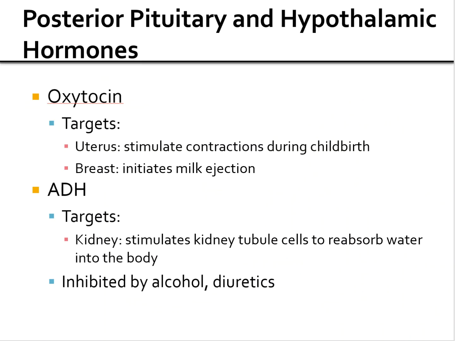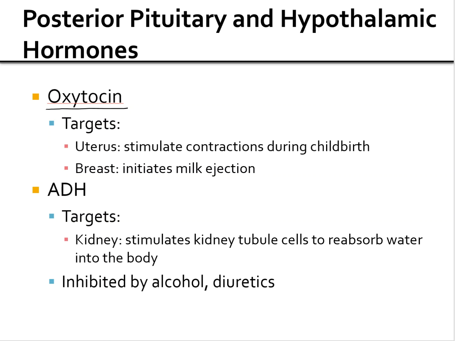So let's look at the two hormones that are secreted from the posterior pituitary. One of these hormones is called oxytocin, and the targets of oxytocin are the uterus and the breasts, those being the two major targets. Within the uterus, oxytocin will stimulate contractions during childbirth.